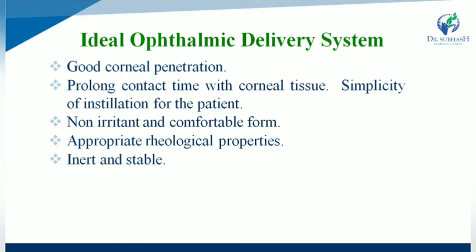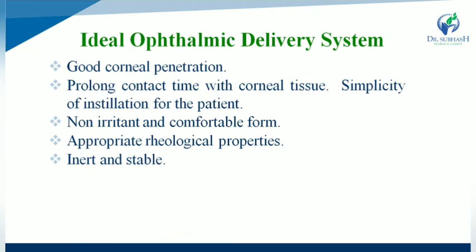So the first ideal property is good or maximum corneal penetration of any dosage form. Second is maximum or prolonged contact time with the corneal tissue, as well as a dosage form that is instilled into the patient with a simple and convenient method.